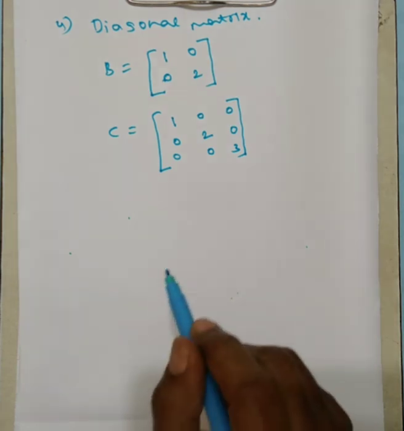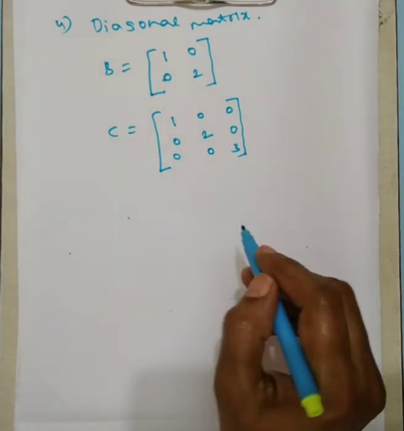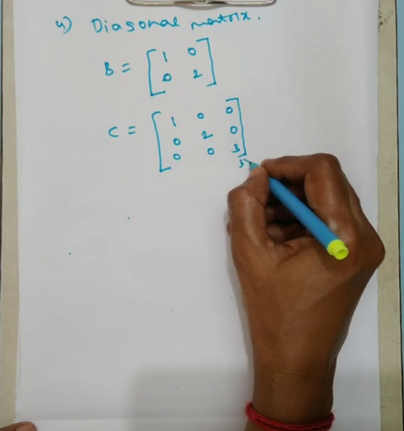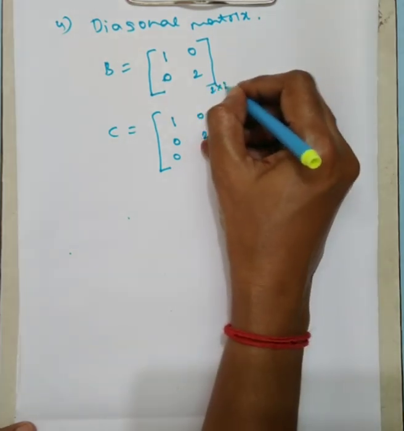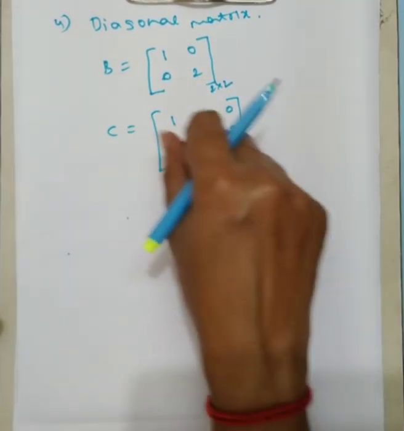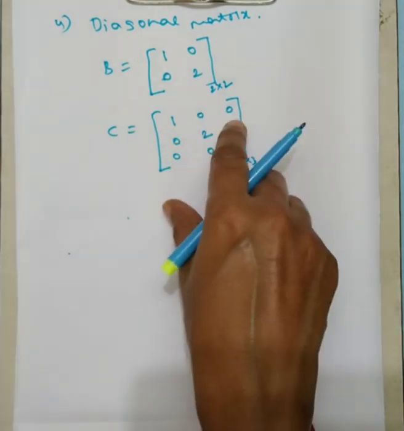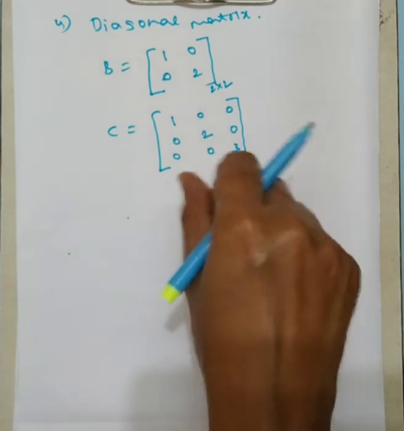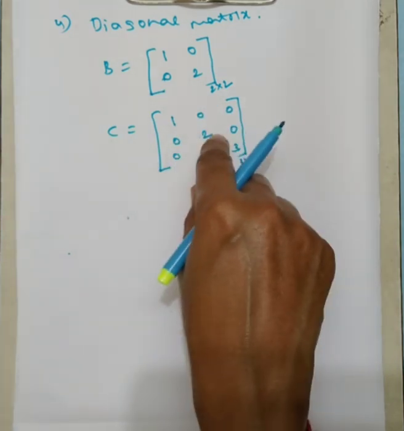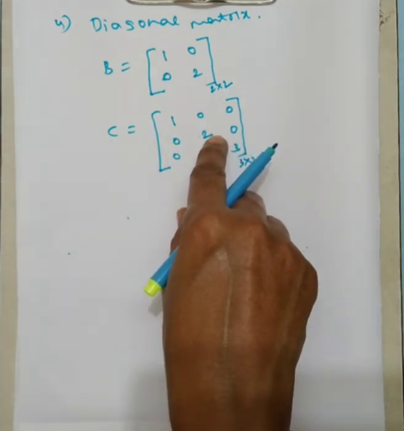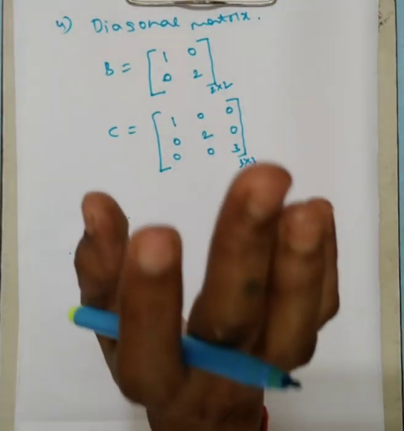The order of this matrix is 3 by 3, and this one is 2 by 2. So a square matrix is said to be a diagonal matrix if all non-diagonal elements are 0.